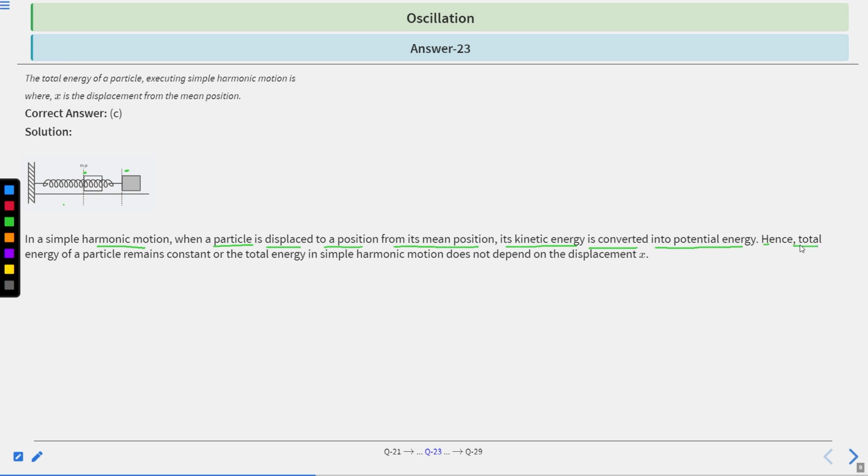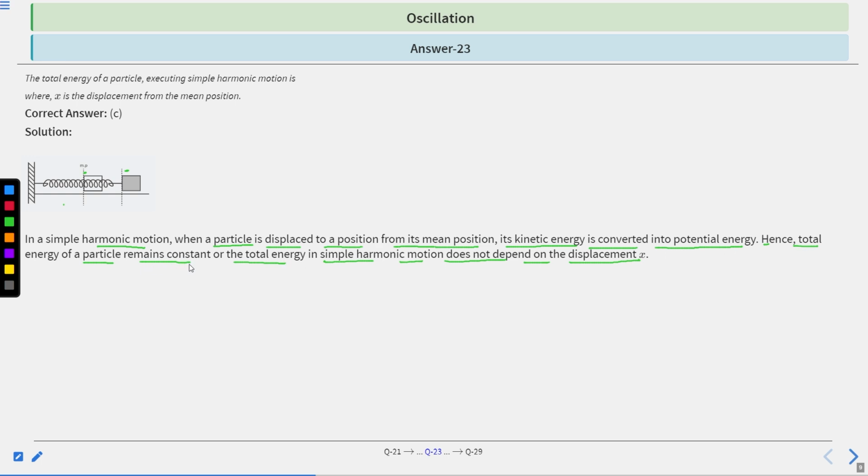Hence, the total energy of the particle remains constant, that is, total energy in simple harmonic motion does not depend on the displacement x.